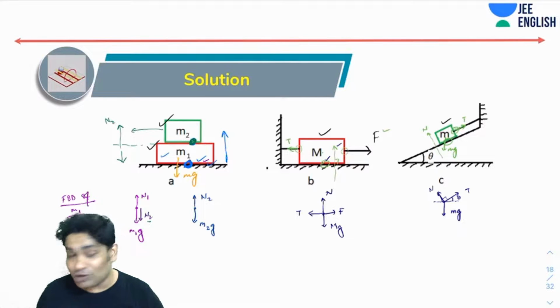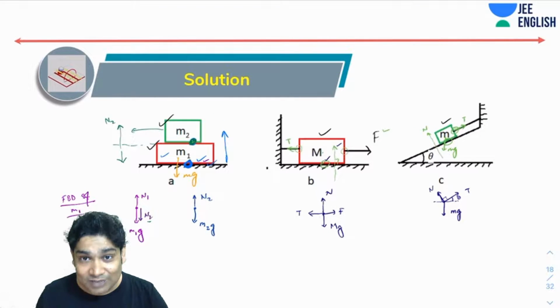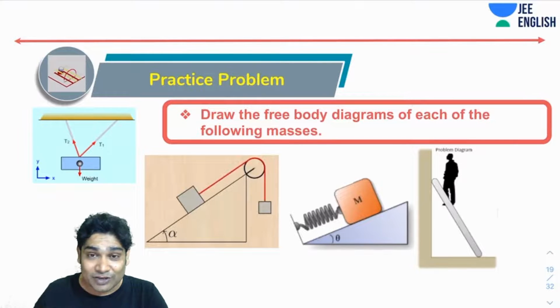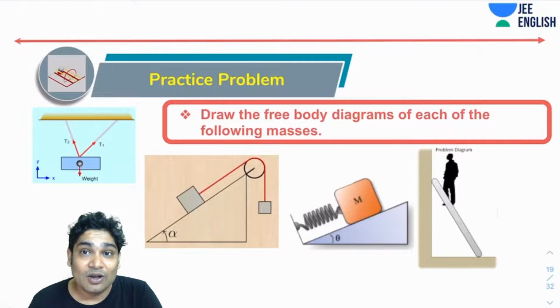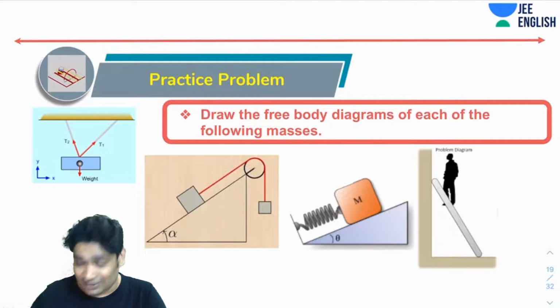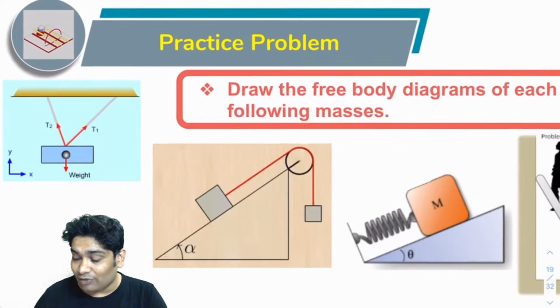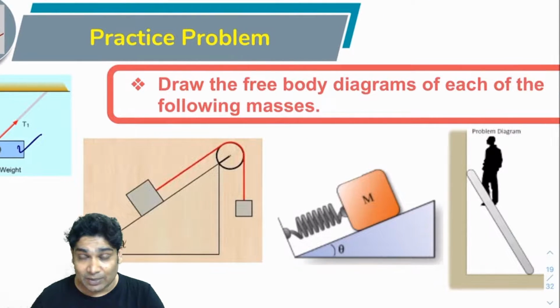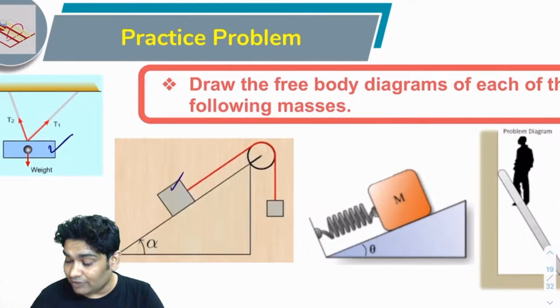All right, great. So most of you have made the correct FBD. So let's move forward and practice some more. These are the kind of situations that will be given to you in questions. You have to draw the free body diagrams of each of the following masses. In this case, you have to draw the FBD of this. In this case, you have to draw 3 FBDs, by the way: FBD of this, FBD of this, and FBD of this.